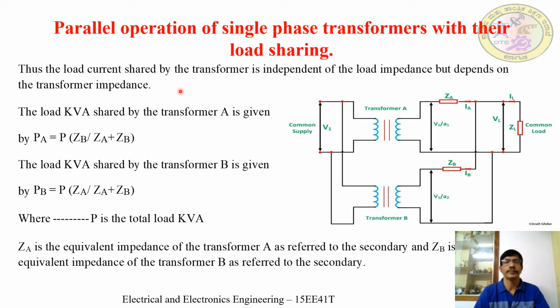So, see this formula, load shared by the transformer A is P into ZB divided by ZA plus ZB. Similarly, here also PB equal to P into ZA divided by ZA plus ZB. In the denominator, both the impedances. Branch current formula or branch power formula.